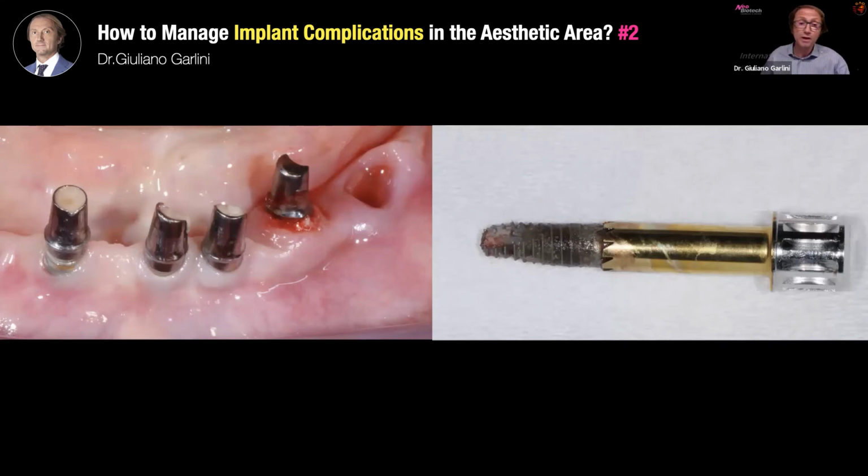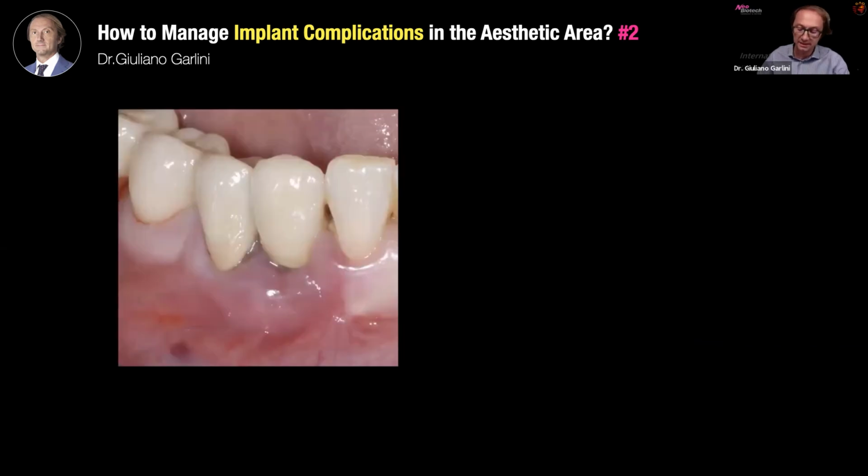But the very important thing is you can treat cases where the implant is inserted very deep into the bone.